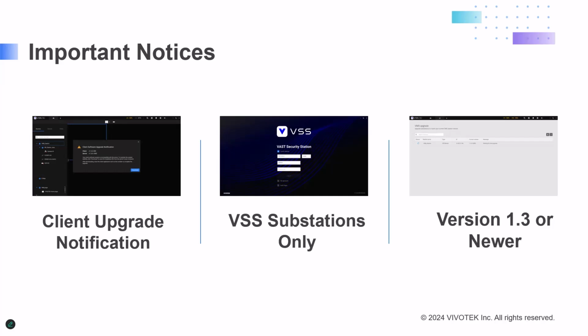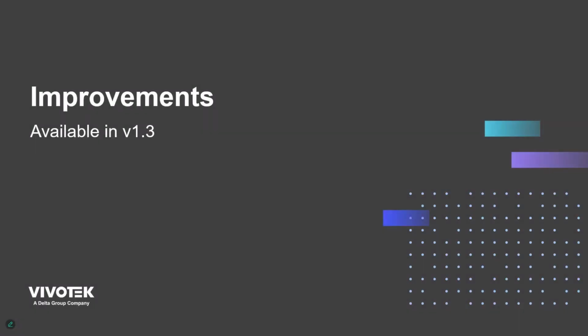The feature is currently for VSS substations only, including our VSS off-the-shelf PCs and our NR series NVRs, no matter if it's a standard server or a failover server. And this is only, again, for version 1.3 or newer. That means you're going to have to manually upgrade the entire system, both the CMS station and the VSS substations, to version 1.3 first, and then afterwards we can use this feature to upgrade to other newer versions.